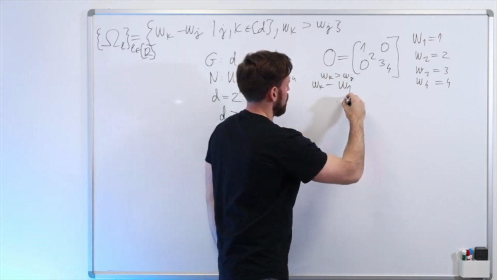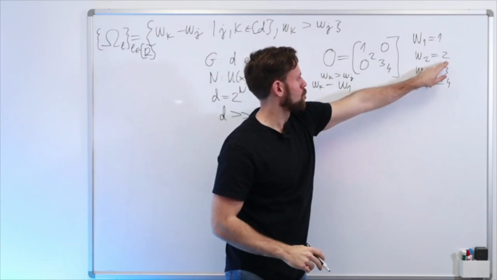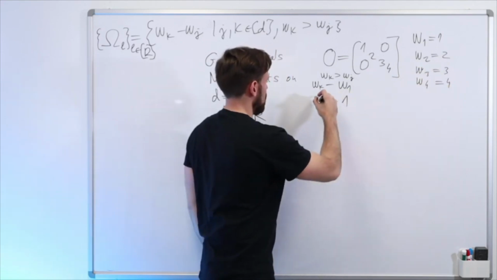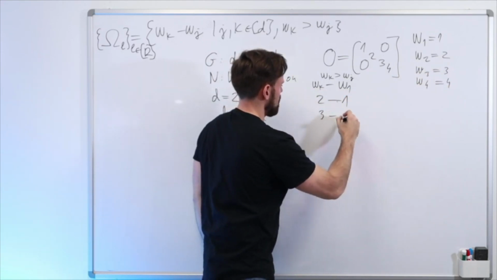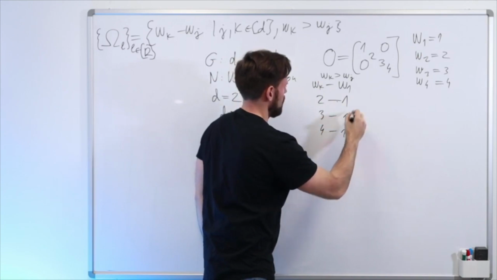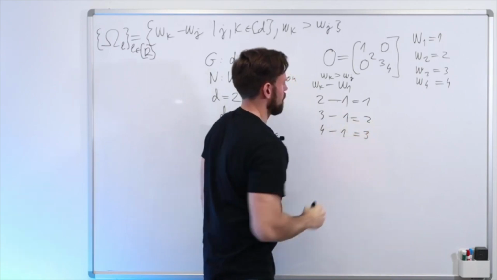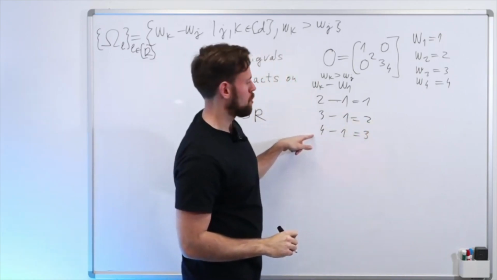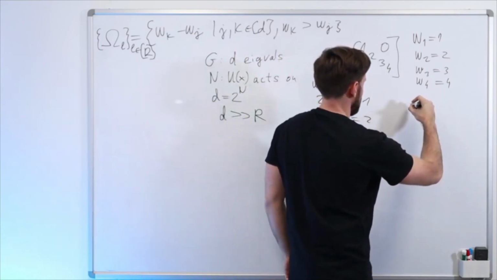All right, so we have 1. Which eigenvalues are bigger than 1? Well, we have 2, 3, and 4. So we will have 2 minus 1, 3 minus 1, 4 minus 1, equals 1, equals 2, equals 3. So these are the positive differences for when the smaller eigenvalue is 1.